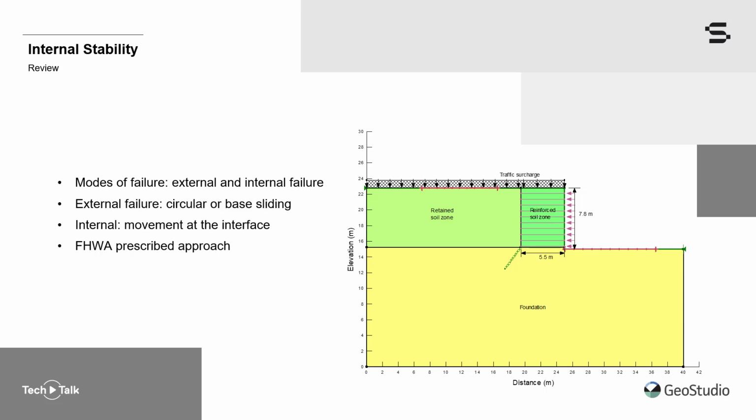The MSE wall can effectively be thought of as a single block. In this case, the mode of failure under consideration in Slope W is either circular or base sliding. We could therefore use the entry-exit search technique to explore a circular mode of failure, or the grid and block search to investigate basal sliding.